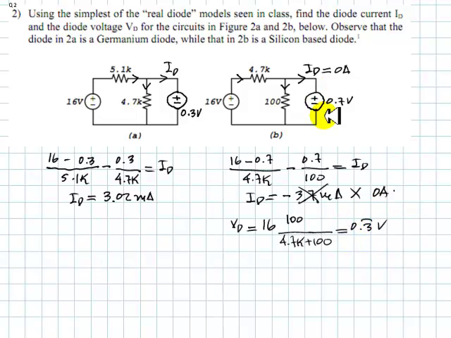Of course, the diode is open, it's off, the current is 0, and the voltage across it is a mere 1/3 of a volt.